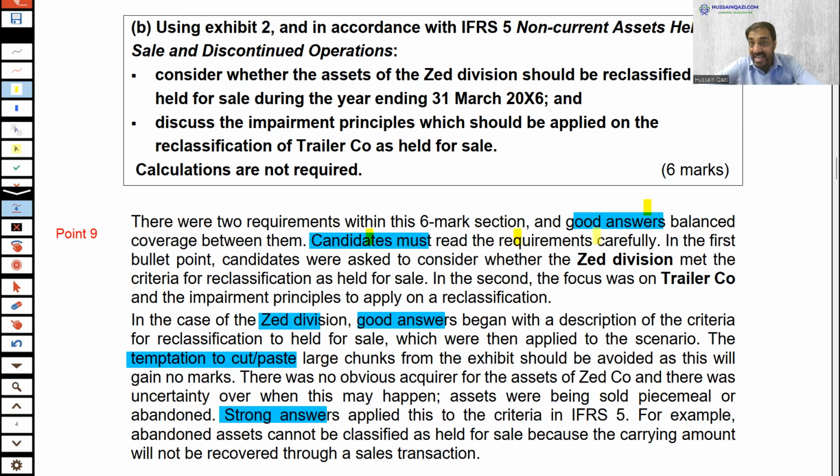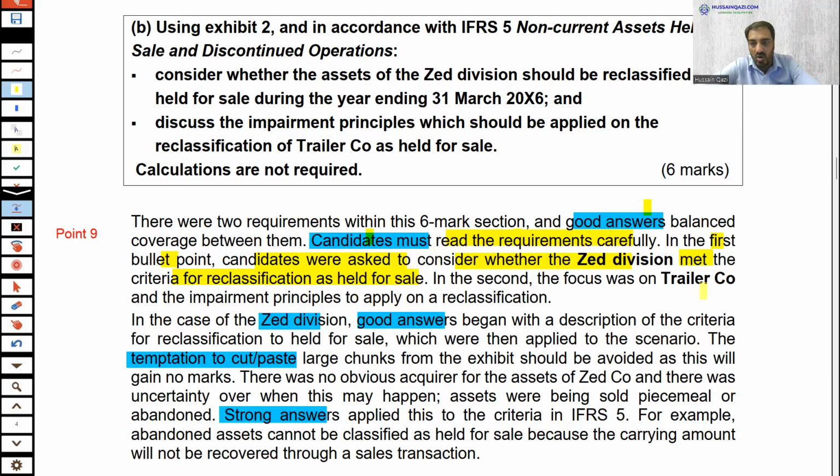Candidates must read the requirement carefully. This is the examiner comment. And in the first bullet point, candidates were asked to consider whether Z division meets the criteria of classification as held for sale. That is part of the planning. Read the requirement and read the context very carefully.